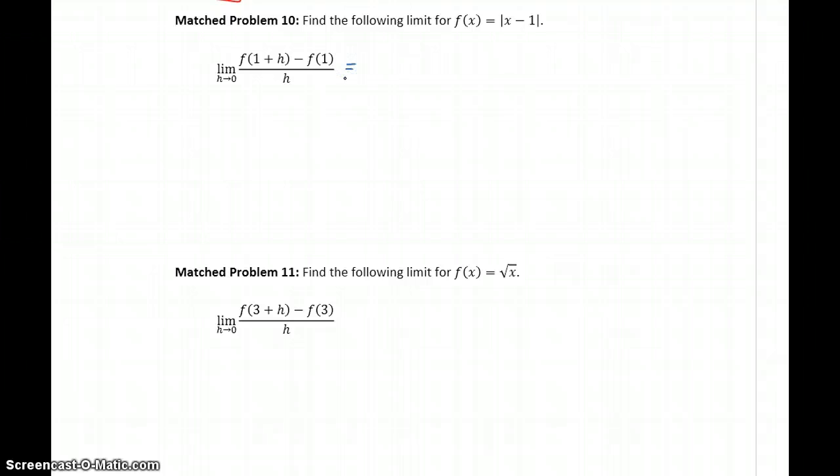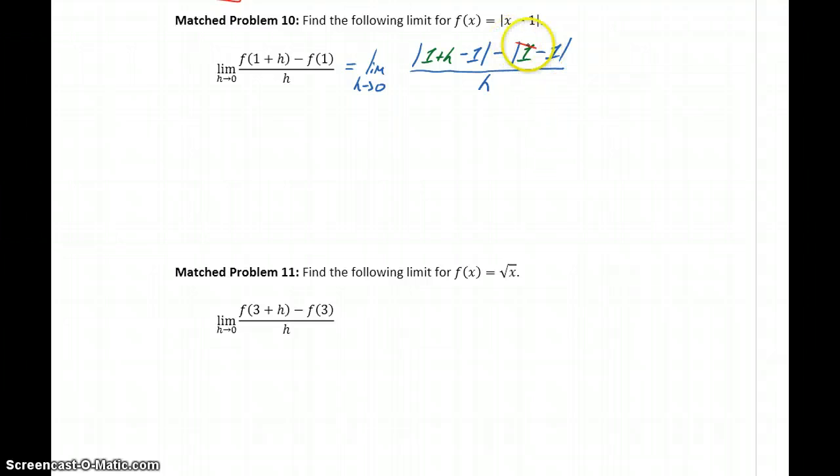We'll start things in a similar fashion as last time. We're just going to rewrite this problem. Instead of using the function notation, we're going to plug in our actual function. So this is going to be the limit as h approaches 0 of f of 1 plus h, which is the absolute value of 1 plus h minus 1, minus f of 1, so the absolute value of 1 minus 1, all over h.